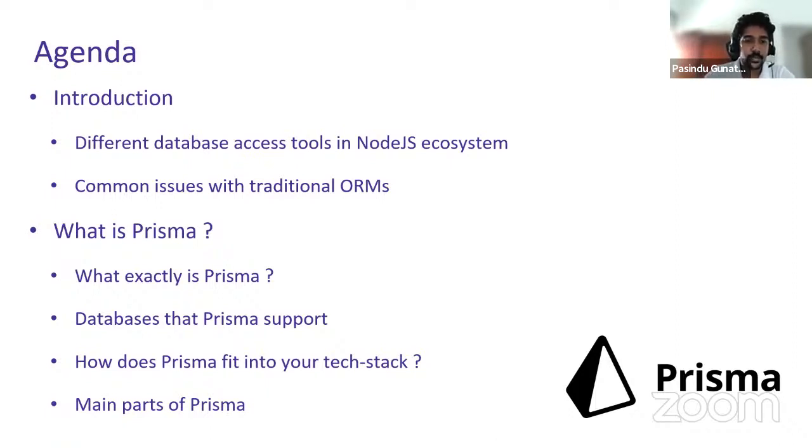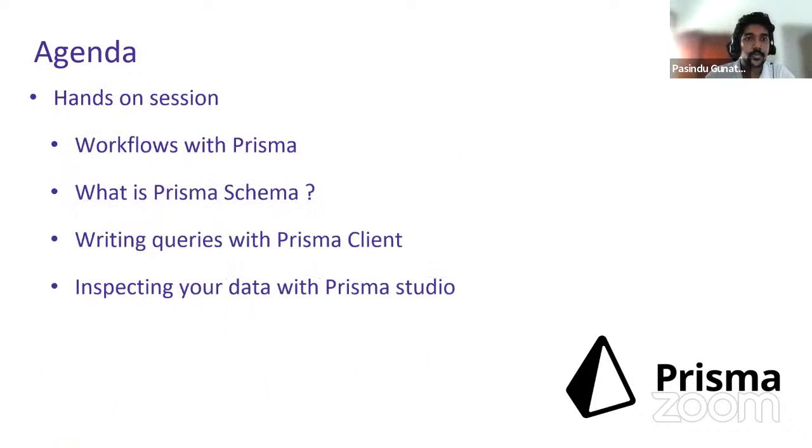Then we'll be dissecting the parts of Prisma, and we're going to see how they can become efficient for you. On the final part, we'll be moving on to a hands-on session. We'll be identifying some of the workflows that exist with Prisma. Then we are going to identify what exactly Prisma Schema is, which is the core unit of control.